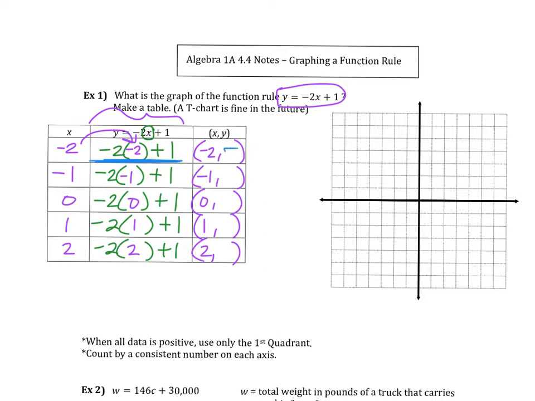You should get 5, okay? -2 times -1 is a +2 plus 1 is 3. -2 times 0 is 0 plus 1 is 1. -2 times 1 is -2 plus 1 is -1. And then -2 times 2 is -4 plus 1, which is -3. Okay? Now your job is to graph this.